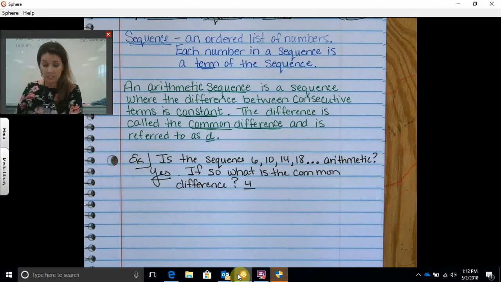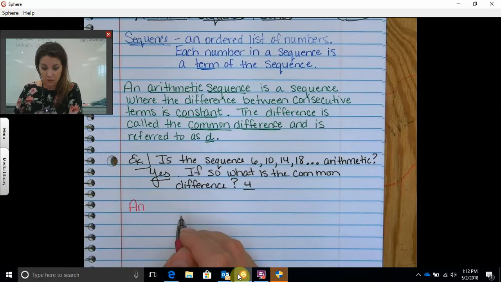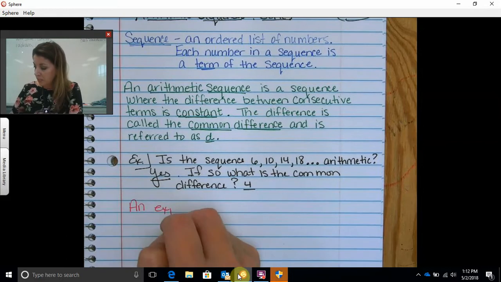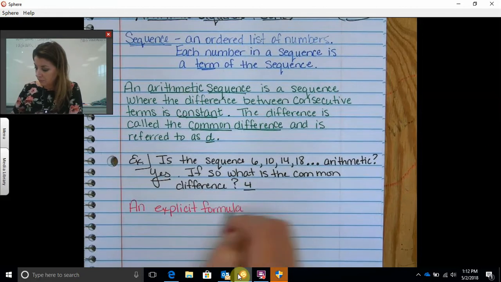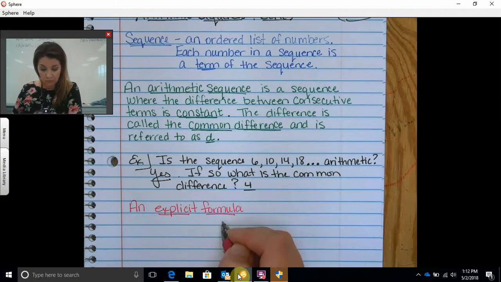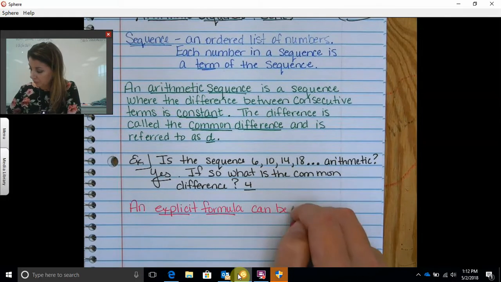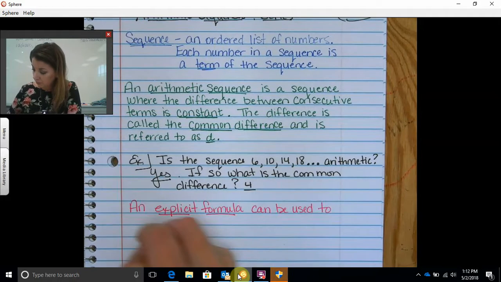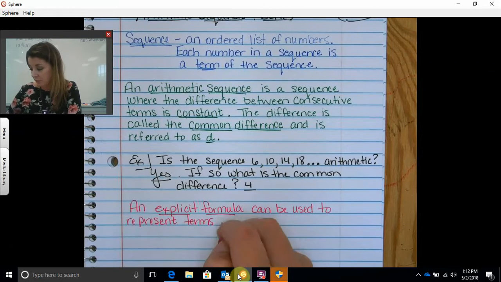So that formula is called an explicit formula. An explicit formula can be used to represent terms or find a certain term.